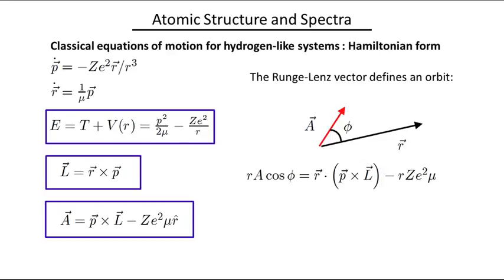Now, the remarkable thing, here we are, we have the energy, we have the angular momentum, we have the Runge Lenz vector. The remarkable thing is that in some sense, the identification of the Runge Lenz vector solves the problem for us. Because, look at this.